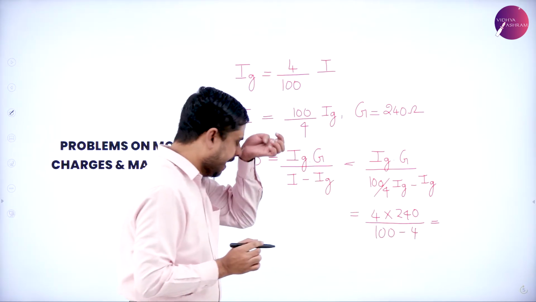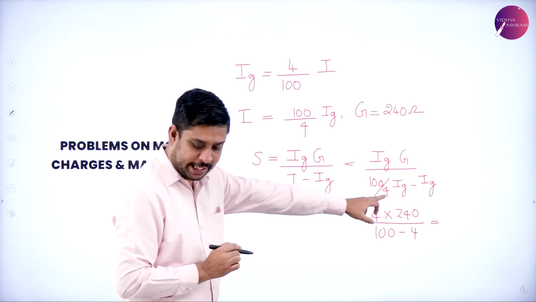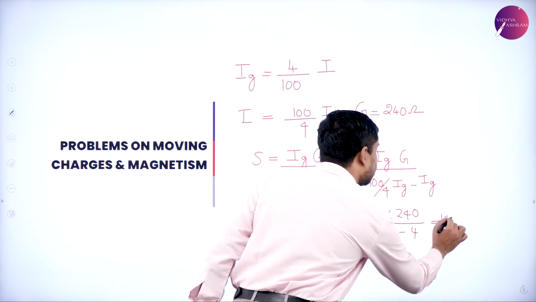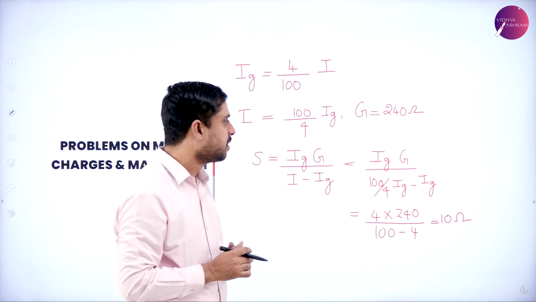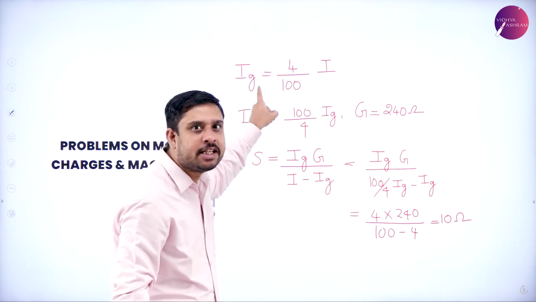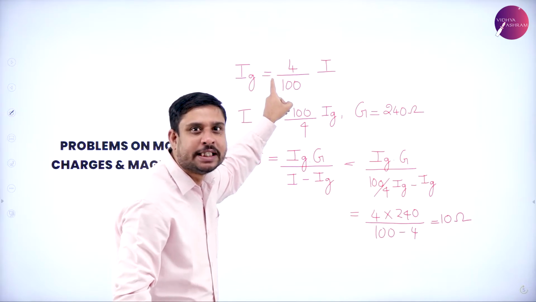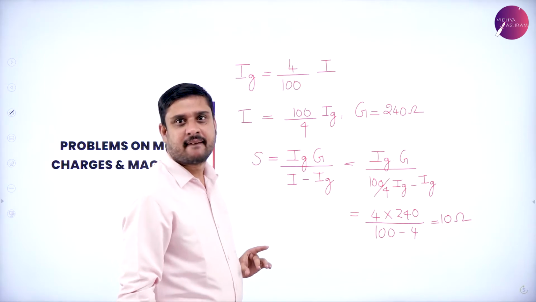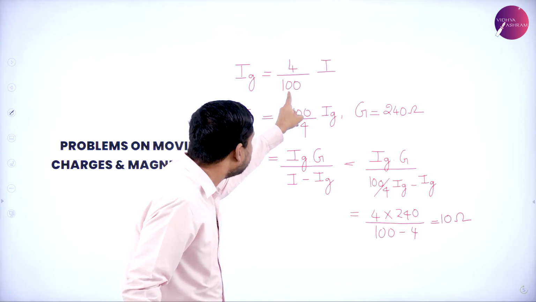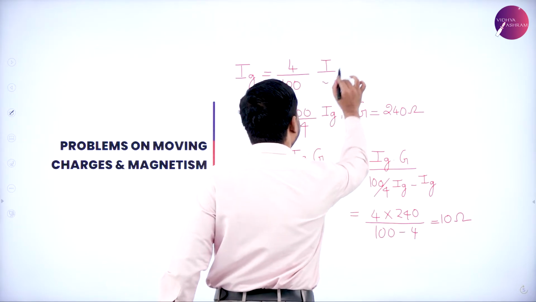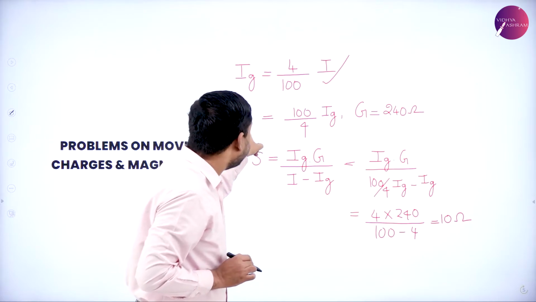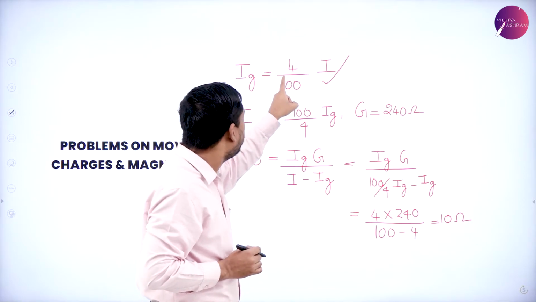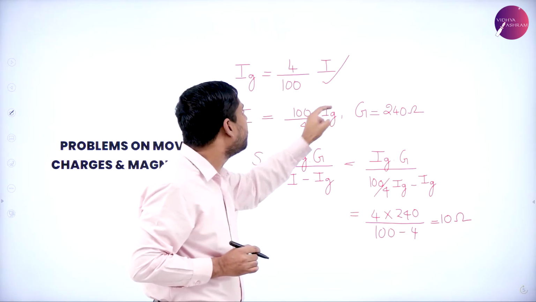So this is equal to 4 into 240 by 96, which is equal to 10 ohms. So see, current flowing through the galvanometer is 4 by 100 times the main current. So the main current will be the other way, the reciprocal: 4 by 100 becomes 100 by 4 Ig.